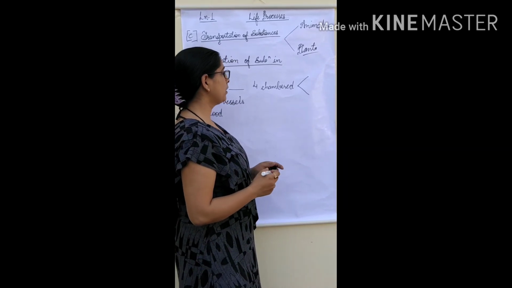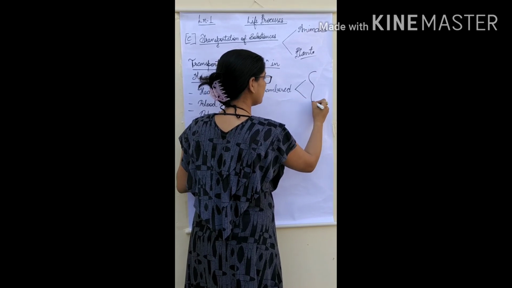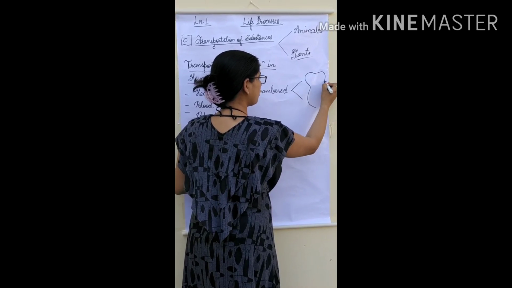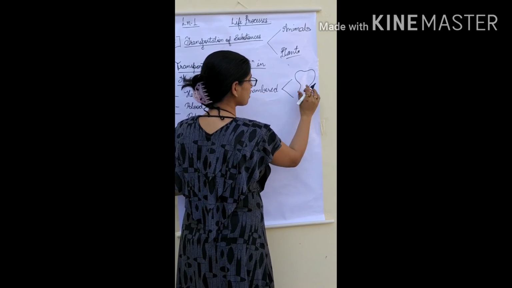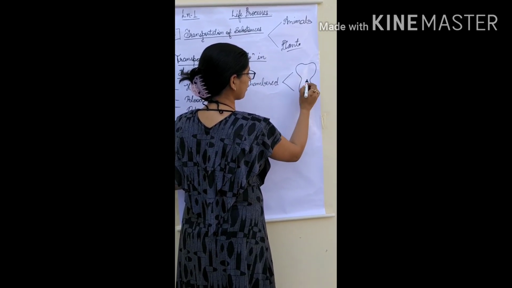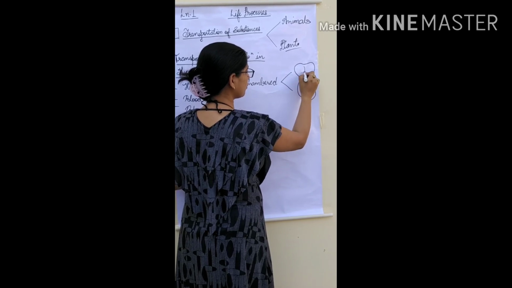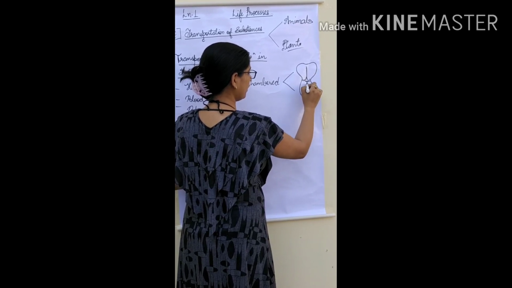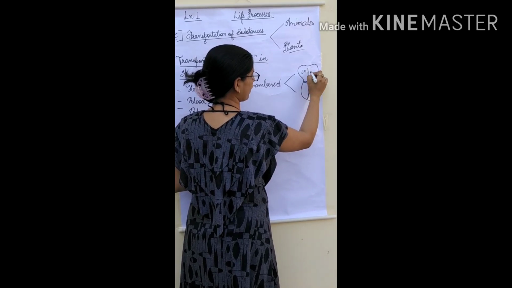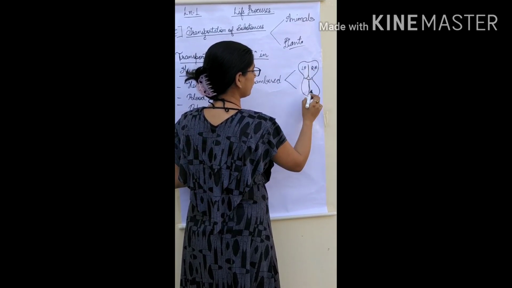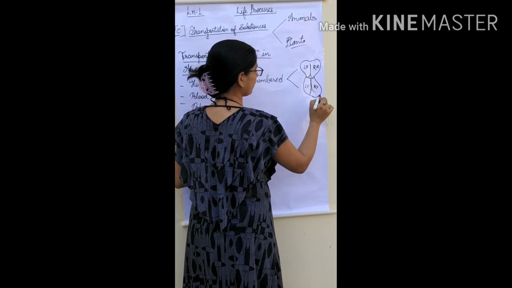Here, four-chambered heart means the heart is divided into first two parts. The first two parts are auricular and ventricular. Then this heart is divided into left auricle or left atrium, right atrium, then left ventricle and right ventricle.